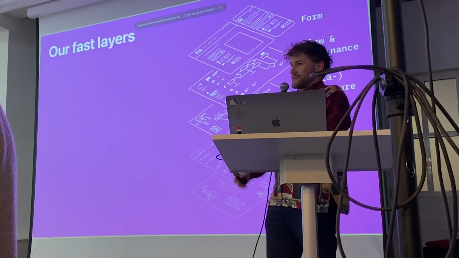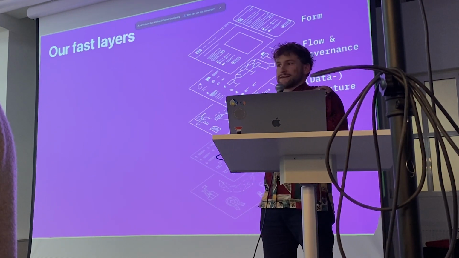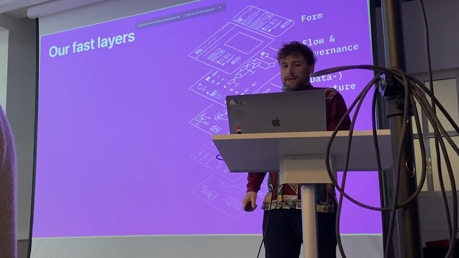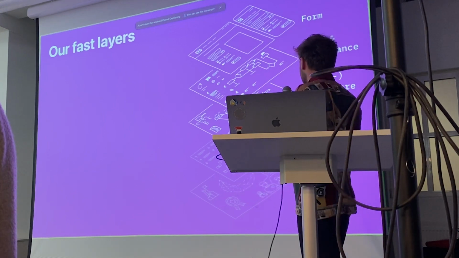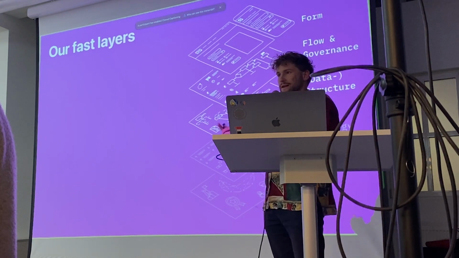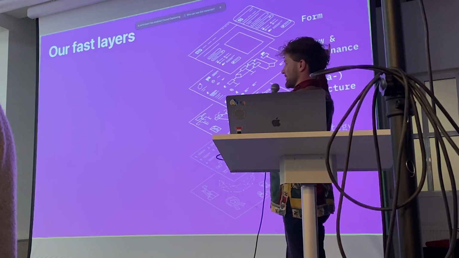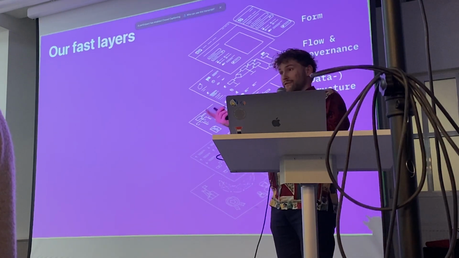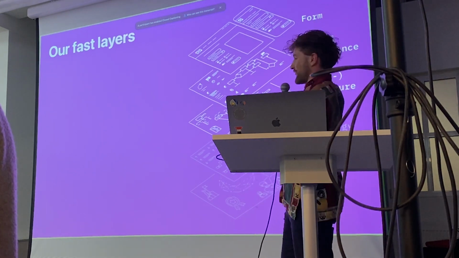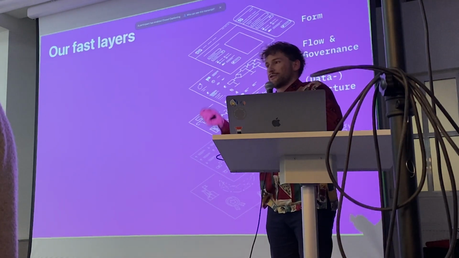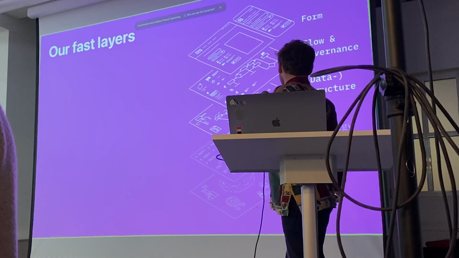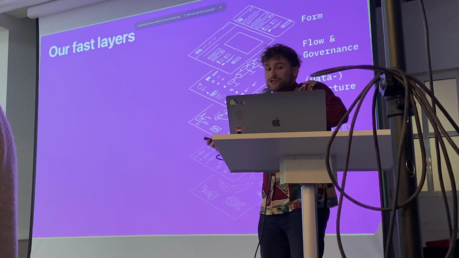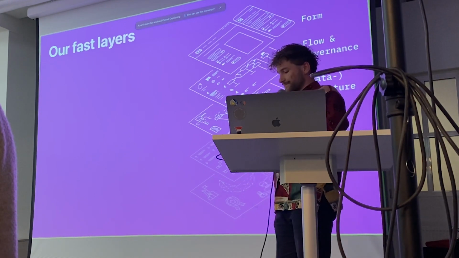And the data structure, so the way the data is actually stored in our application. Last time, at the last uXchange, we heard a great talk about service design, which is the toolkit for shaping flow and governance. I love that, right? And the form layer, for that we all know the tools, I don't really need to go in depth. Data structures, well, we can prototype that with YAMLs, JSONs, and so on.